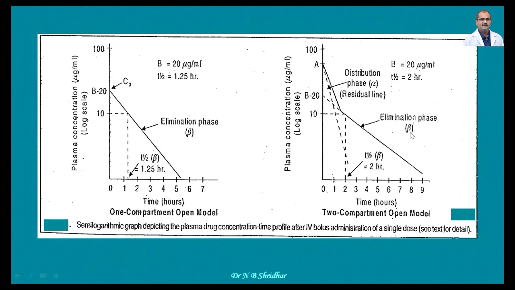There is a steep decrease in the concentration of the drug in the body, then it straightens a little because the elimination phase starts. Firstly the drug is distributed to many organs, then after some time elimination starts, and there is redistribution of the drug to different tissues or organs. That is why it becomes the beta phase.